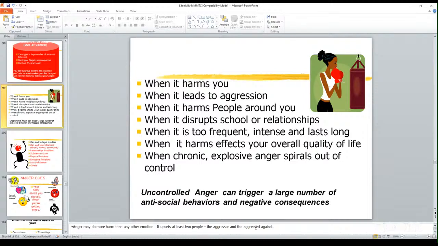You should know when it harms you, when it leads to aggression, when it harms people around you, when it disrupts school or college relationships, when it is too frequent, intense, or long-lasting, when it affects your overall quality of life, and when chronic explosive anger spirals out of control.